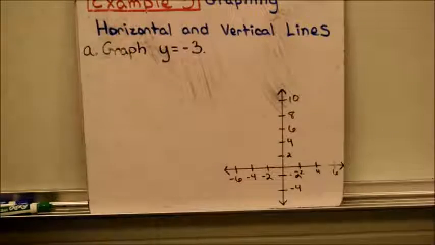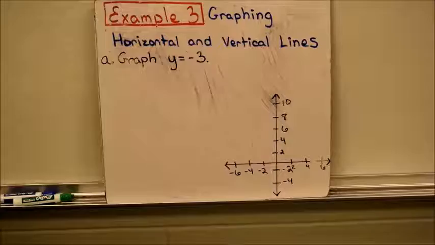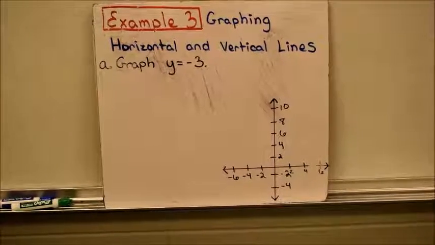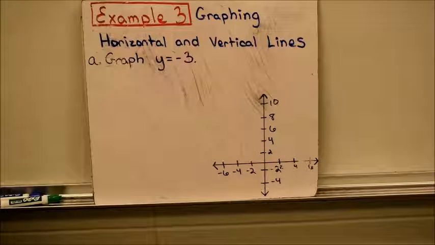So we're going to move on to example 3. In example 3, we're just going to focus on graphing horizontal and vertical lines. Back in section 3, you learned about different types of slopes, and there were 4 different types: positive, negative, vertical, and horizontal.